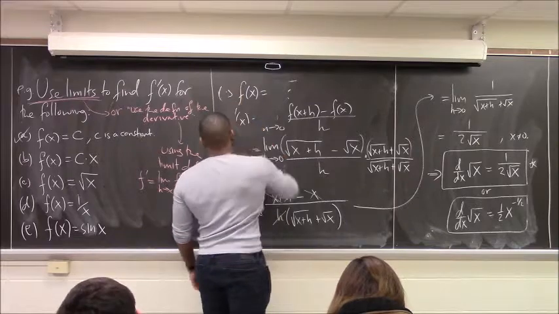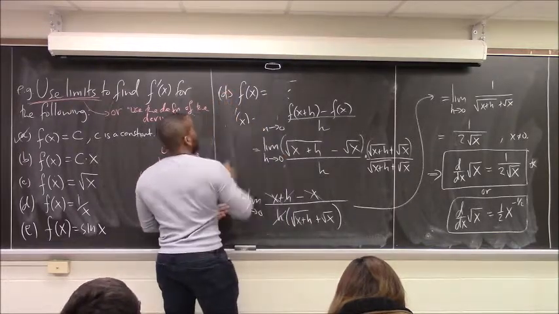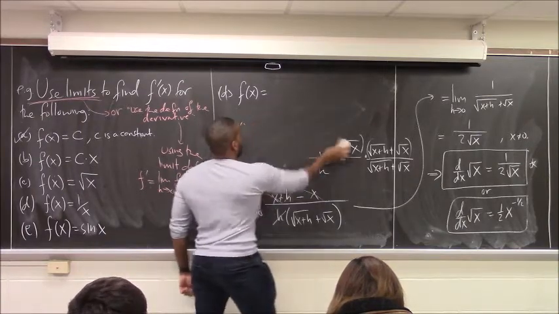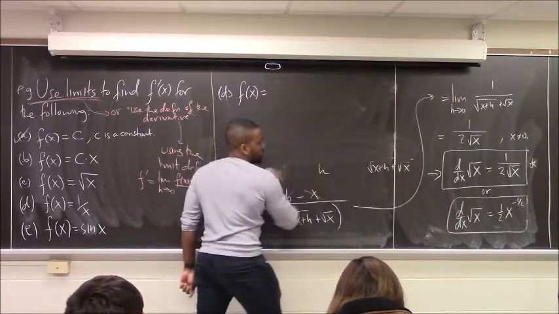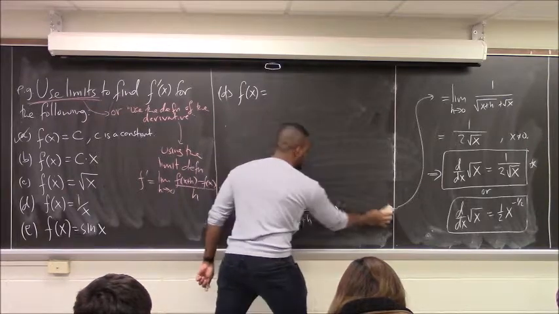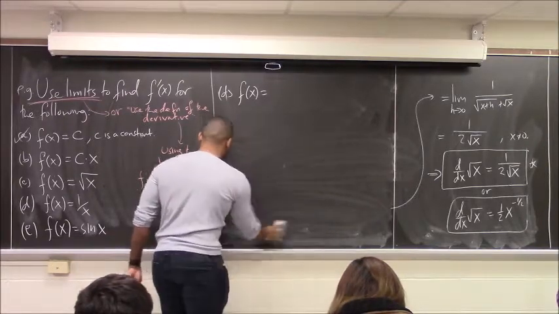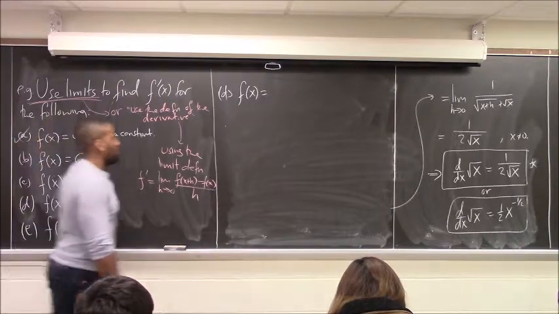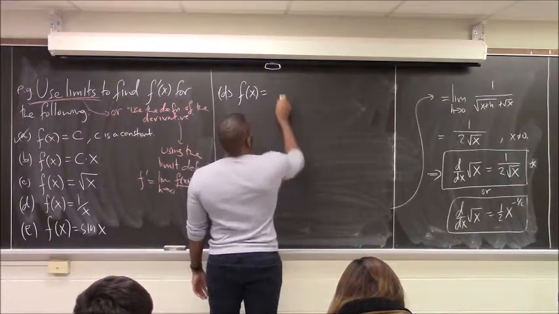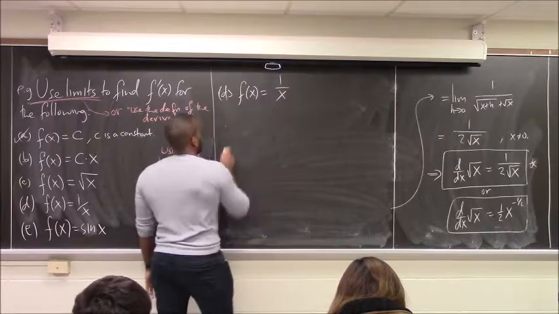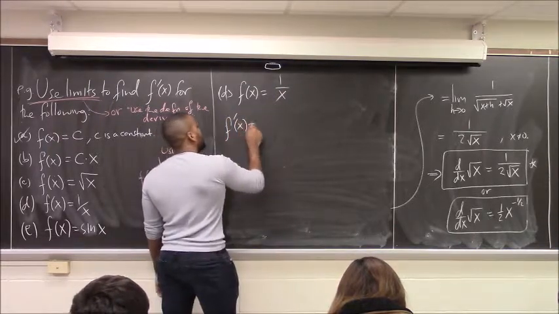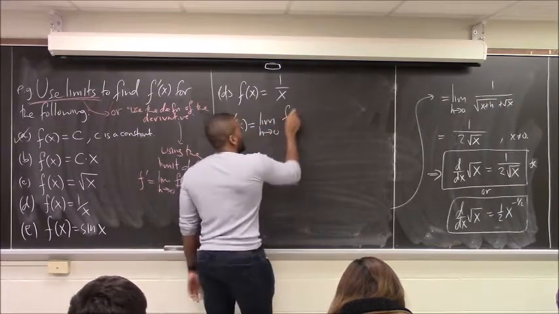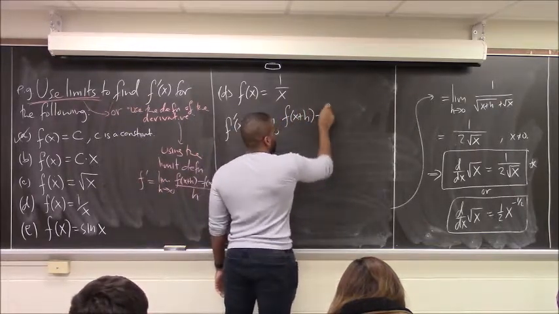Let's change the function. Let's look at d. f of x equals 1 over x. So we want to find the derivative, the limit as h approaches 0 of f of x plus h minus f of x over h.